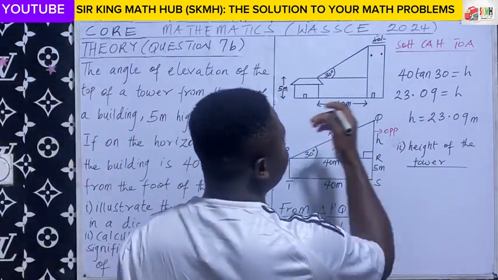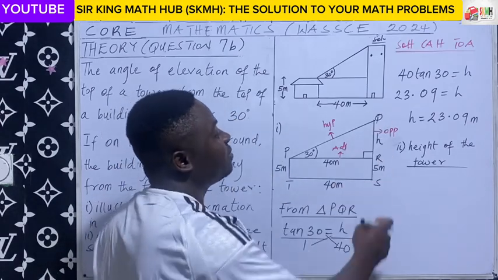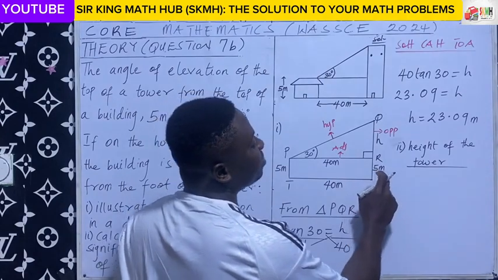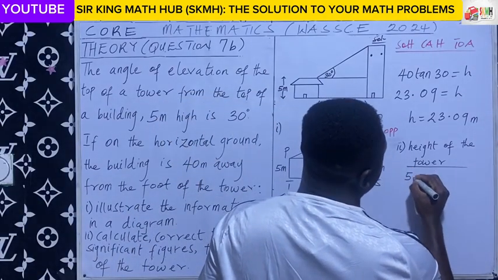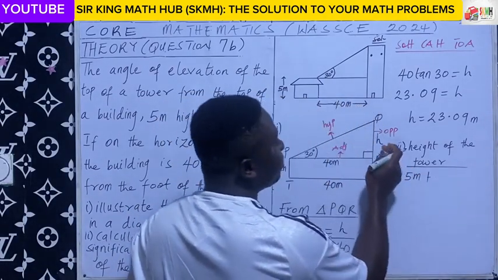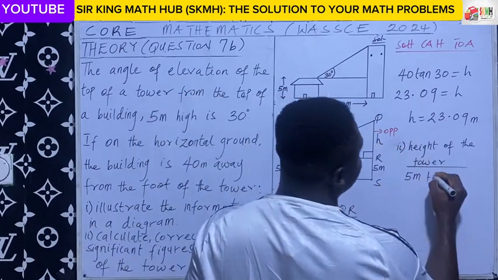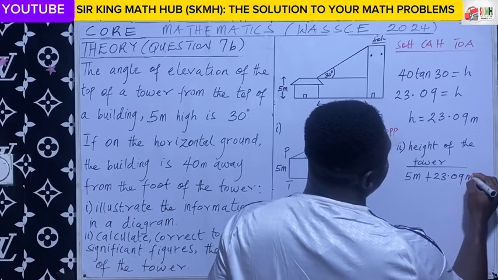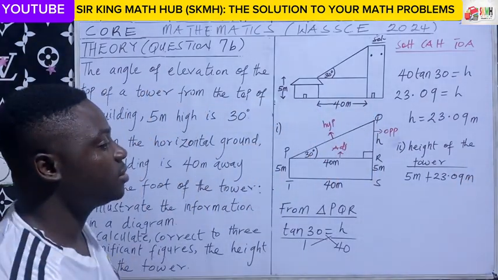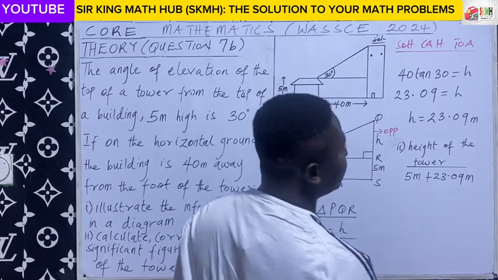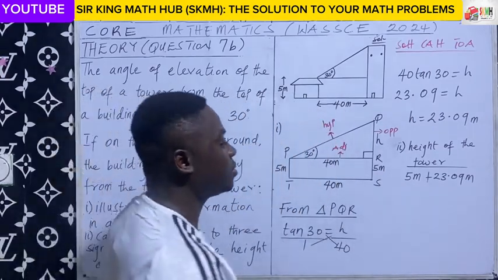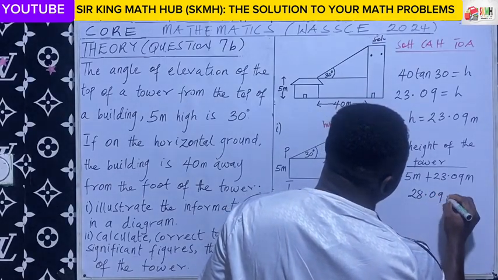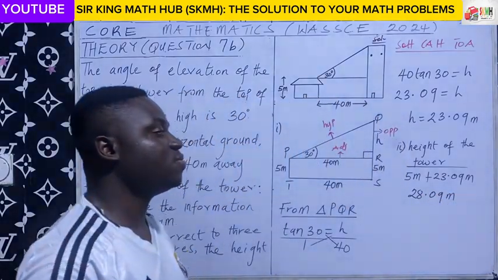So the full height of the tower, as we said, has been divided into two. One part is measuring 5 meters and then the other part is H, and then we had H as 23.09 meters. So what is 5 meters plus 23.09 meters? So this should give us 28.09 meters.